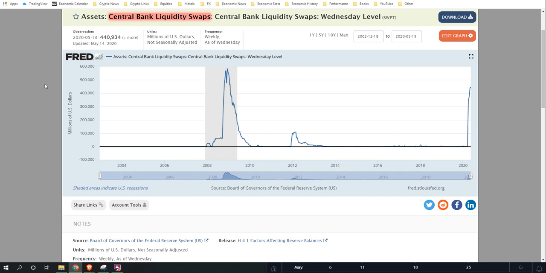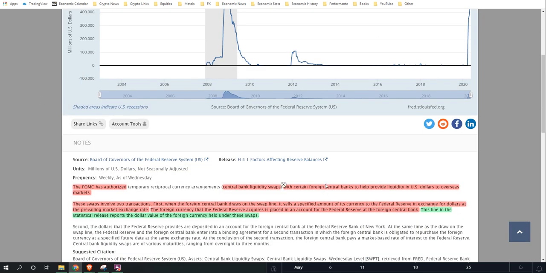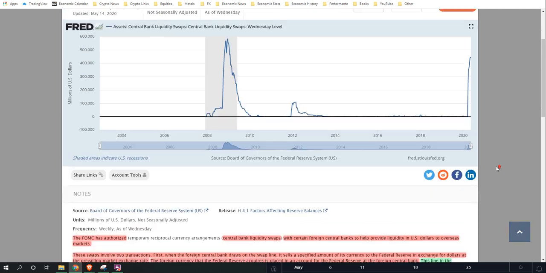The only one that can provide liquidity for United States dollars out of thin air is the Federal Reserve. So the Federal Reserve created liquidity swaps, basically gave United States dollars to foreign central banks, and they gave the Federal Reserve the same amount of their currency, to provide kind of a collateral to some degree, in their own bank account, in that foreign central bank account.